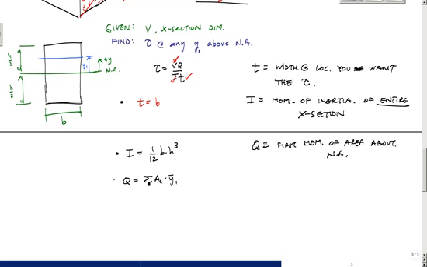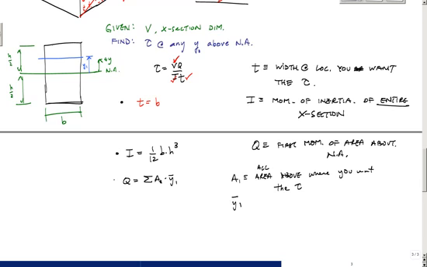And what this means is that A1 is the area, all area above where you want to know the shear stress, the transverse shear, tau, where you want the tau.